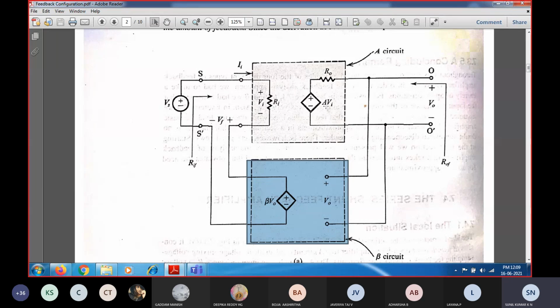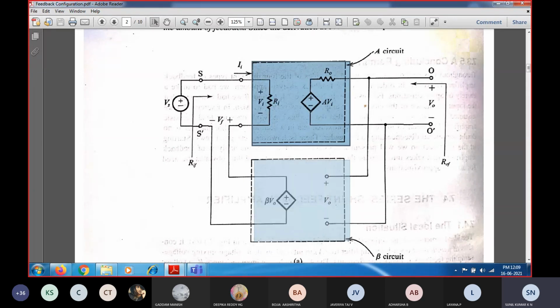If you compute the loop gain A into beta, the volt per volt gets cancelled, and hence you get a dimensionless quantity. So we can say A is the reciprocal of beta, so that you get a dimensionless quantity.